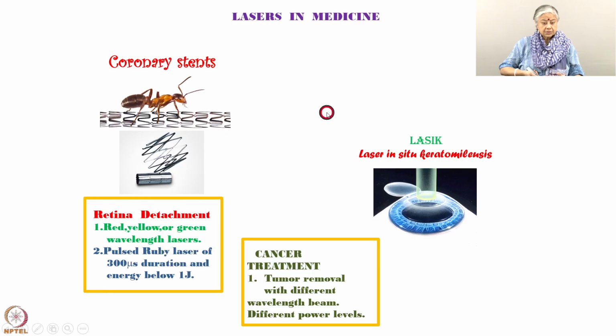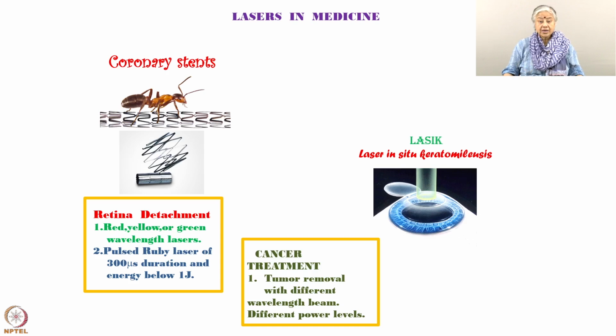And these colors of the laser are also chosen depending on the pigment that is there on the retina, or in some part of the eye. So, the choice of your laser wavelength will also depend on that.